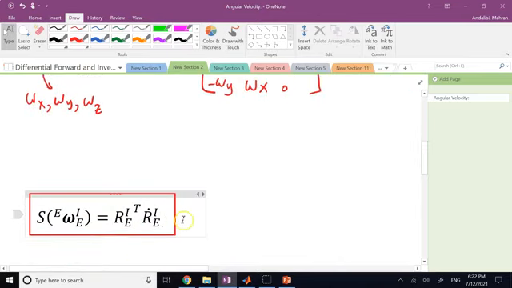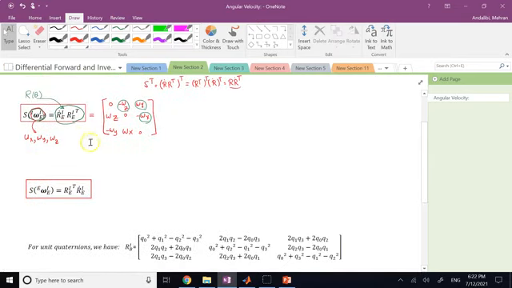Well, it's not a hard thing. If you look at the relation here at the top, you see they are quite similar, except that here is R dot R transpose, here is R transpose R dot. So it seems like the order is reversed. If you reverse the order, you get omega of the end effector with respect to inertial as written in end effector, not as written in inertial.